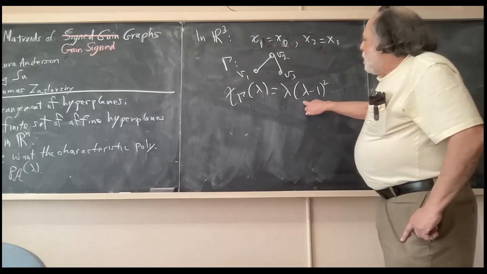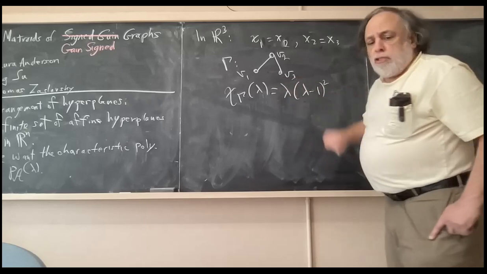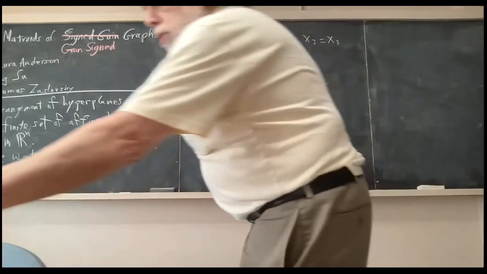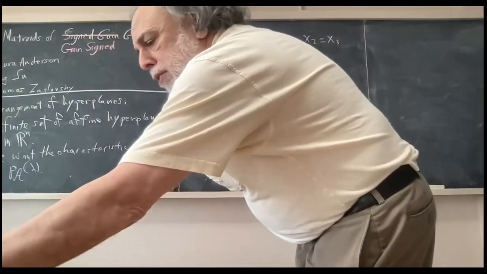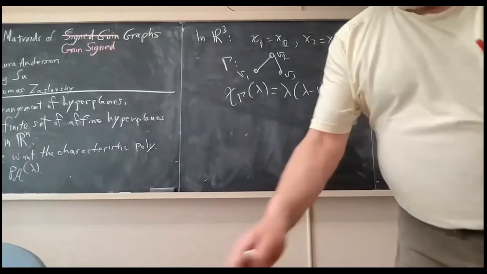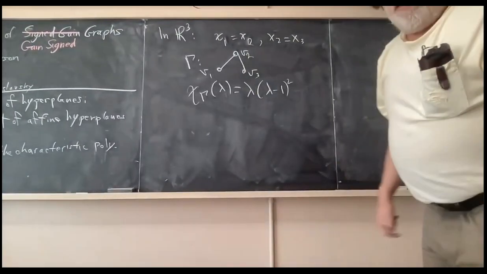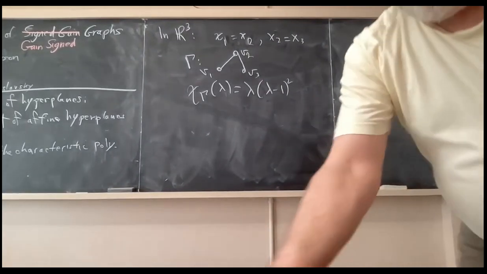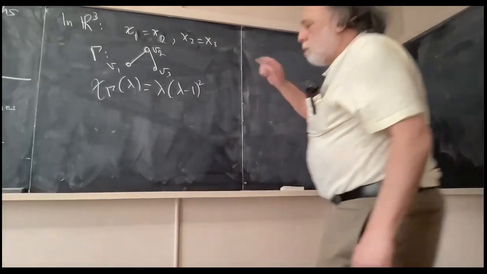And that's true for any set of hyperplanes of the form xi equals xj. So I'm going to now draw a classification picture of different kinds of hyperplanes. So first of all, I seem to need to erase this example.